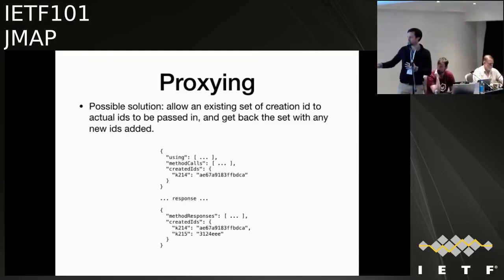If you could optionally pass an existing hash of created IDs, a mapping of what creation ID you had and what ID the server created, then you can just pass that around to each place you proxy to. If you pass one in, you get one passed back out. If you don't pass it in, it doesn't bother passing you one back out. And when it gets passed back out in the response, you get any additional ones that have been created. So you can then just pass that object along to each place that you proxy to.